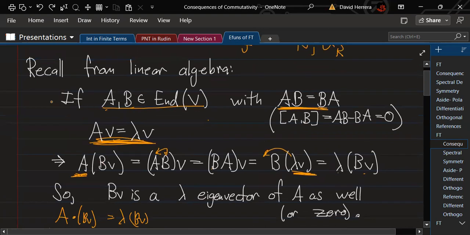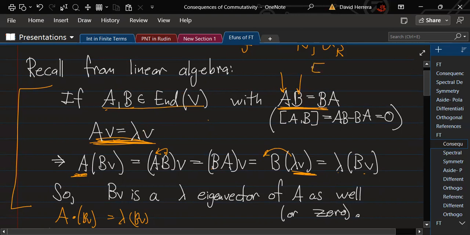And this basic fact here, if you took a course in abstract linear algebra, is related to the idea that if you have two commuting operators, and an invariant subspace for A, then B is going to preserve that. So it's related to eigenspaces. An eigenspace of A is going to be preserved by applying B to it.